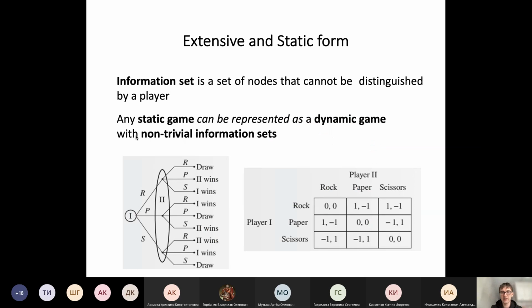So that's why we can present this game as a static game. There are two possible ways how we can present it.